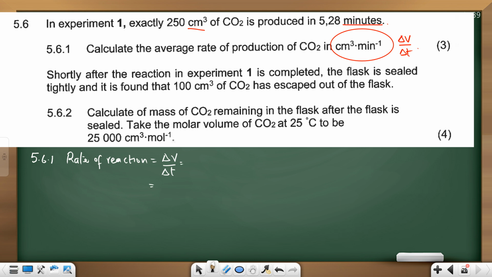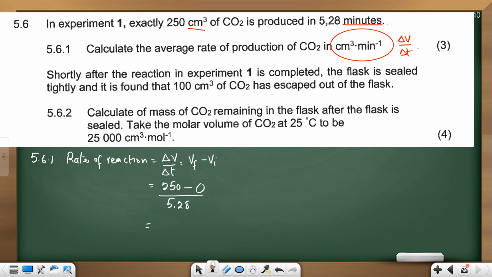And when we say change in volume, it is final volume minus initial volume. Since it's a product, initial volume was 0. They want to see that 0 substitution. So final volume is 250 minus 0 over how long? 5.28. Put that in a calculator, we're done.